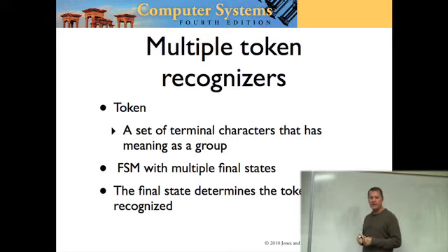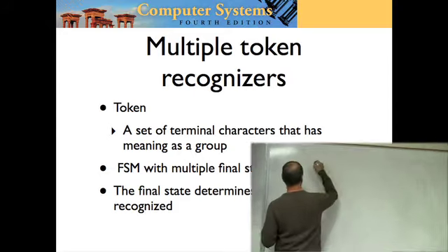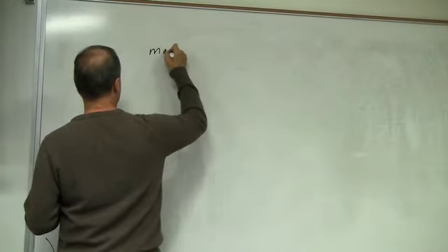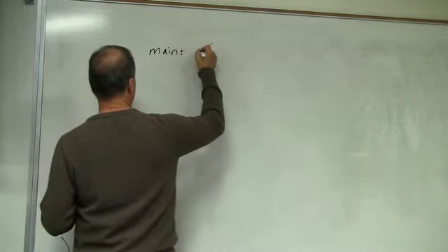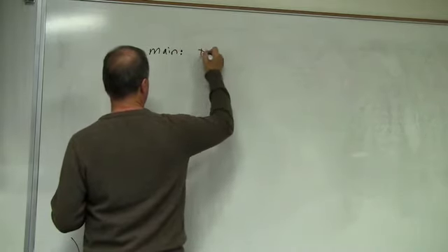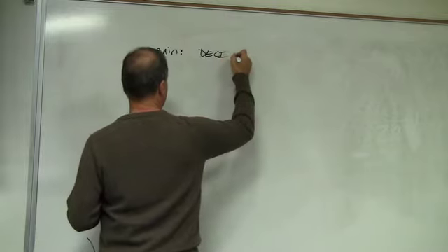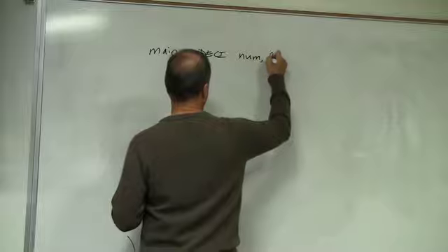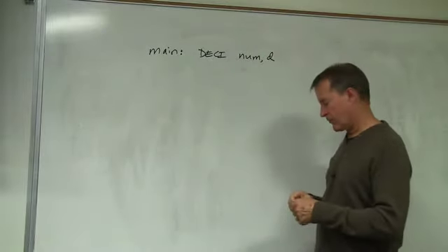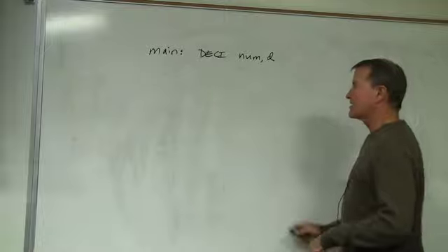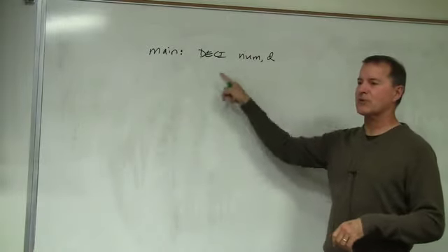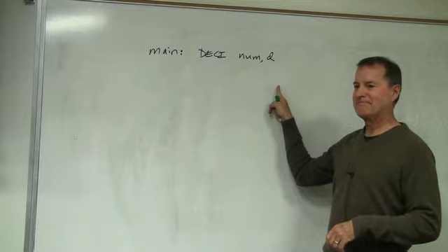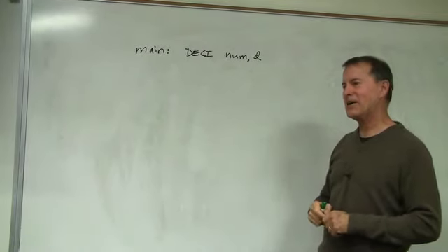Now I want to illustrate this definition with an example. We've done PEP8 assembly language, right? Does this look familiar? Main, colon, decimal input, num, comma, D. What is this? This is a string of what kind of symbols?